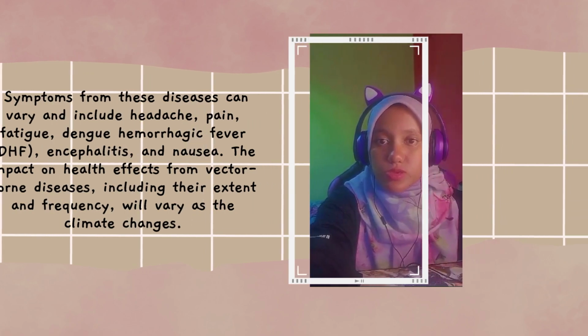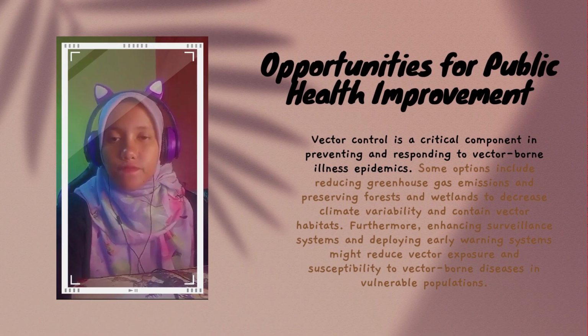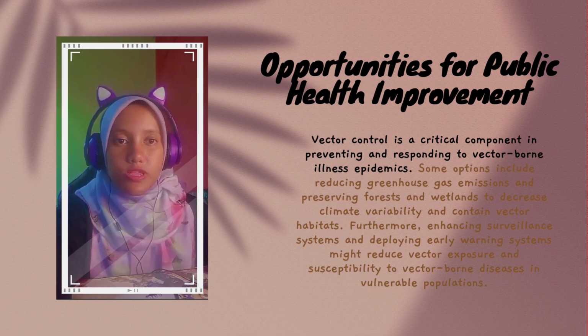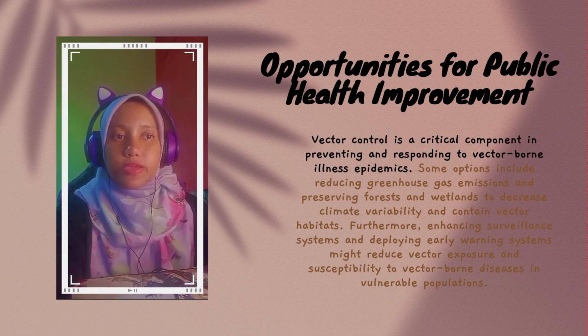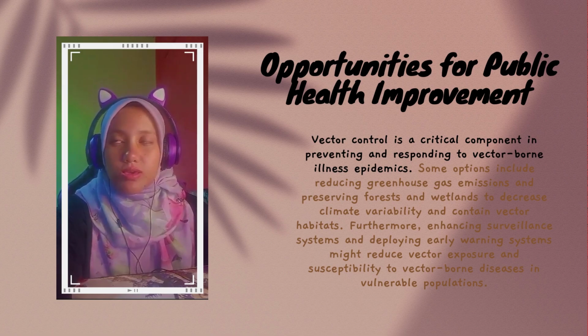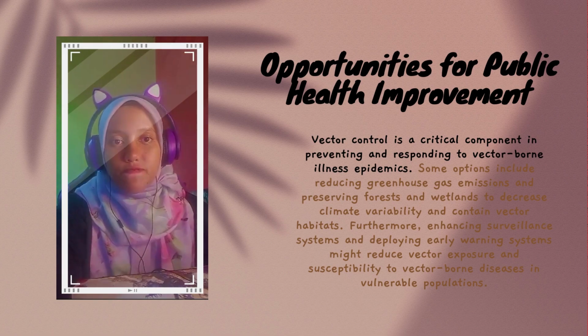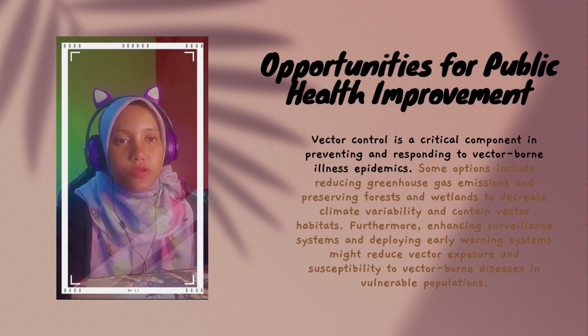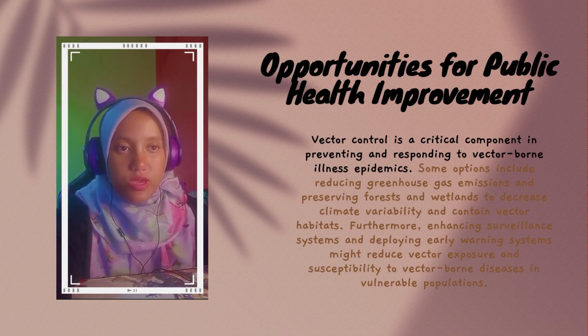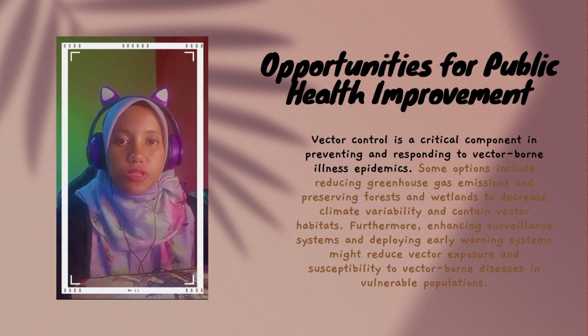The health impact of vector-borne disease, including its extent and frequency, will vary as the climate changes. The good impact of VBD is opening opportunities for public health improvement. As an explanation, vector control is a critical component in preventing and responding to vector-borne illness epidemics.